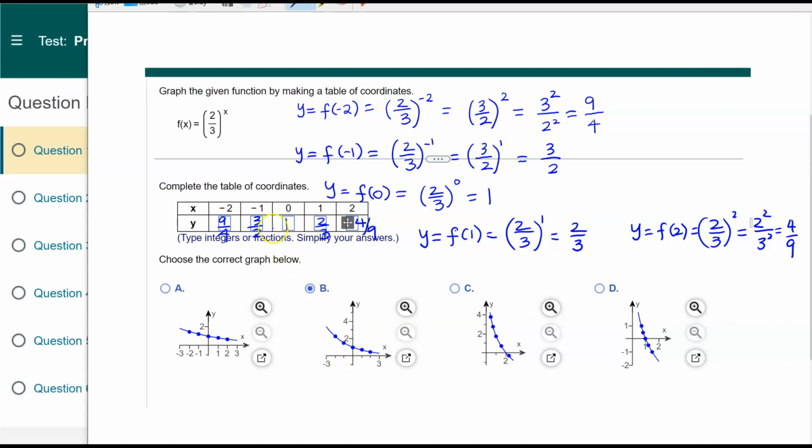And then when x is equal to -1, it's equal to 3/2, 1.5. Then when x is 0, y is 1. When x is 1, y is 2/3, and when x is 2, y is 4/9. So letter B is the graph.